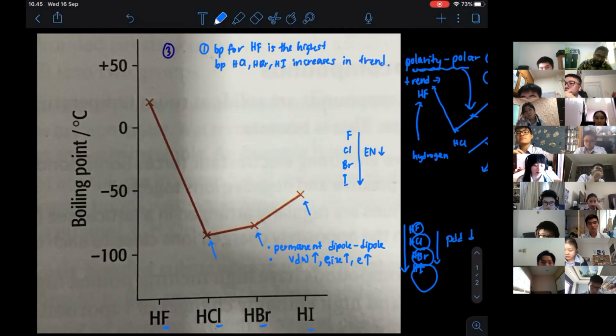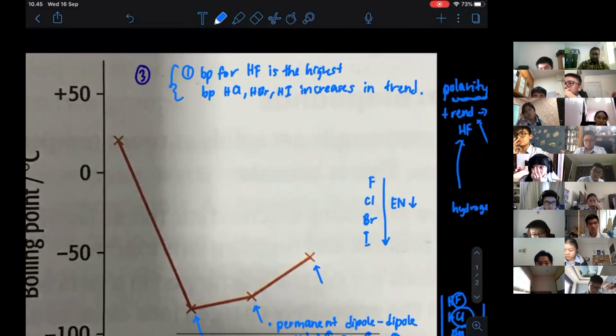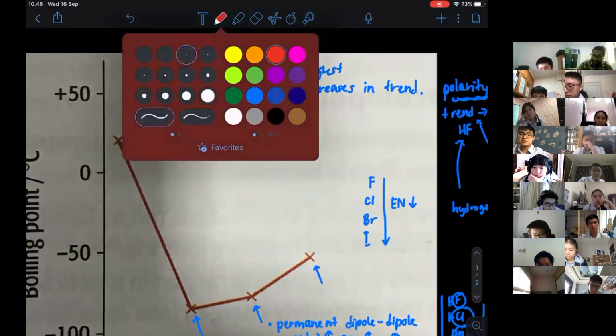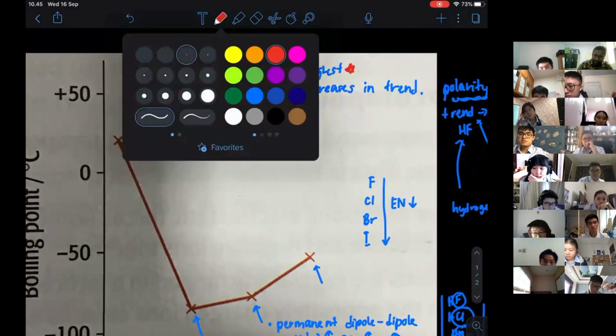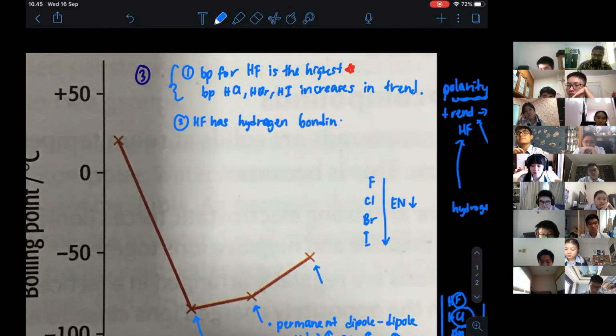So that will actually give me my first point. My second point is going to tell why the boiling point of HF is the highest. For that we have to refer to the fact that HF has hydrogen bonding with other HF molecules.